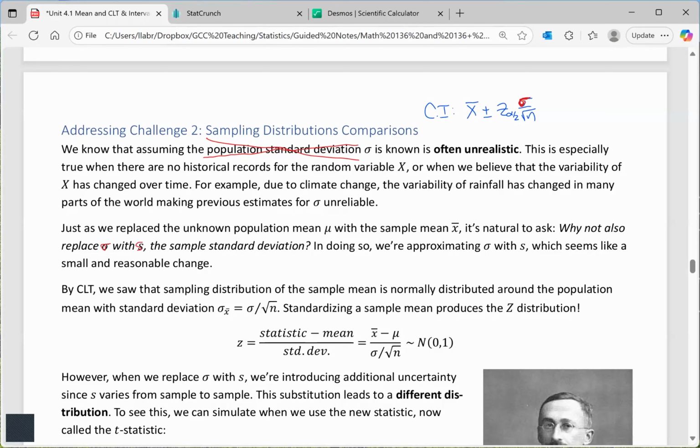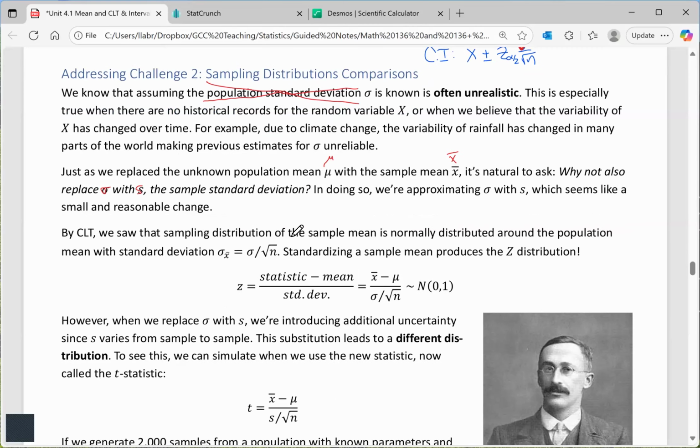Because we already know that my population mean, mu, is well approximated by my sample mean, x bar. So is that also true for the standard deviation? And it turns out that the answer is no. So that's what I want to show you right now.